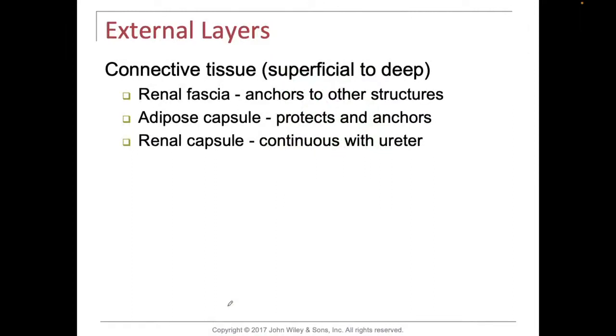The connective tissue, superficial to deep, from outside to inside, we have the renal fascia, the adipose capsule, and then the renal capsule. Okay, that's what I showed you in that picture that we were able to see.